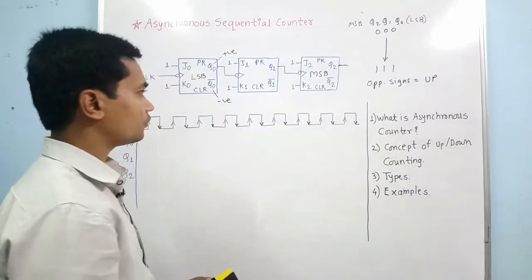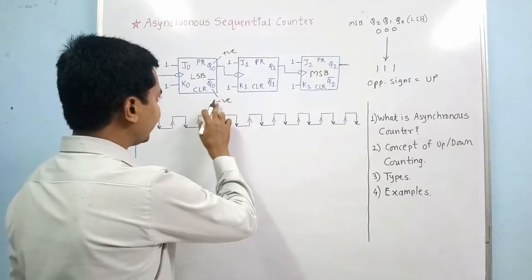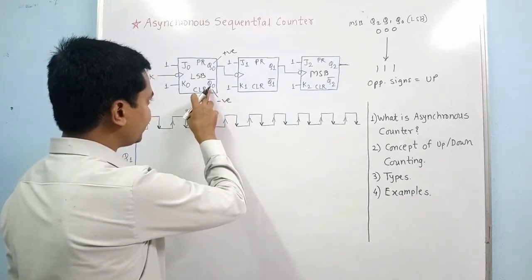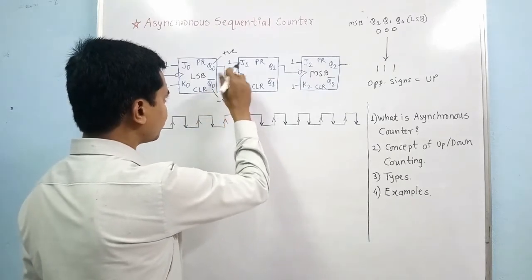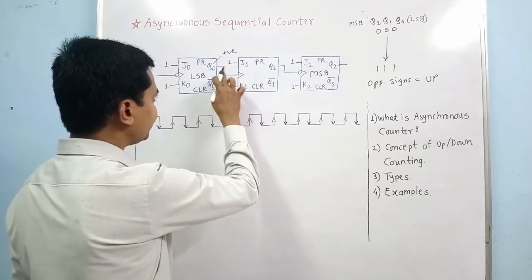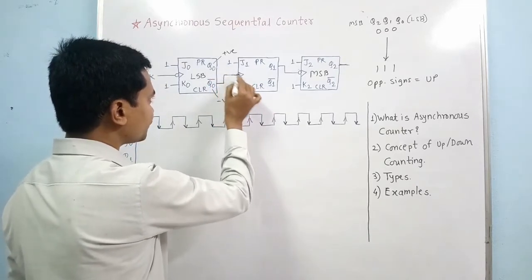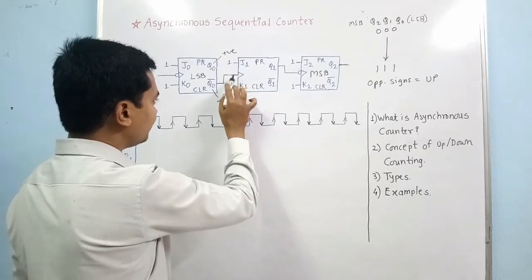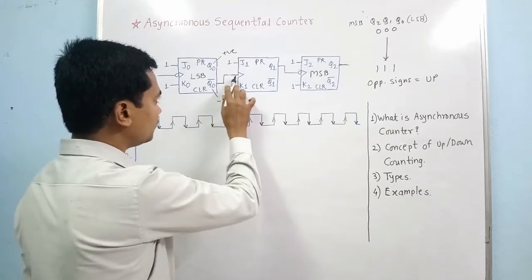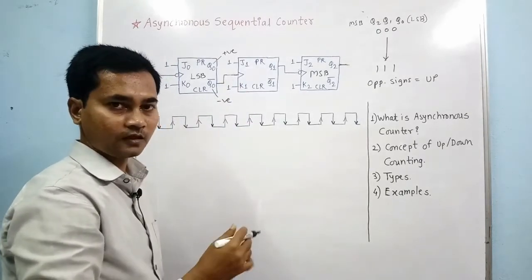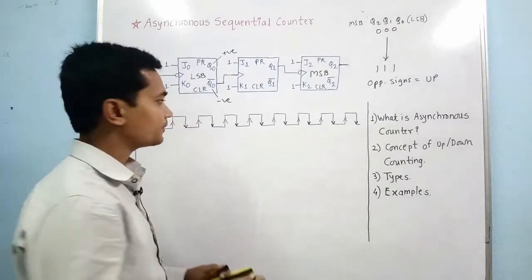In other words, if the negative output, that means the complementary output of the flip-flop, is connected to a positive edge triggered clock, then instead of this bubble I will directly connect this way. So this is a positive edge triggered clock; I just removed this bubble. When the complementary output is connected to a positive edge triggered clock flip-flop, then also it is an up counter.